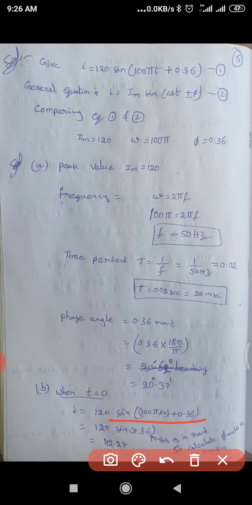So clear all the modes and keep the calculator in radians mode. If you put our calculator in degrees mode, the output will be different.